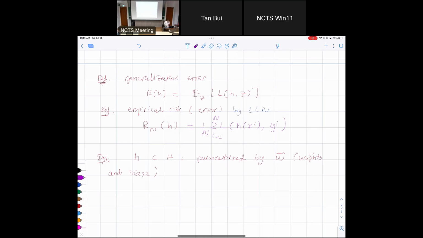We understand that this is the vector of all weights and biases.